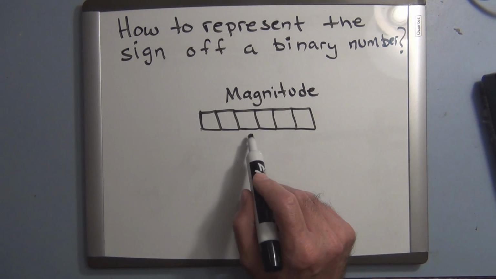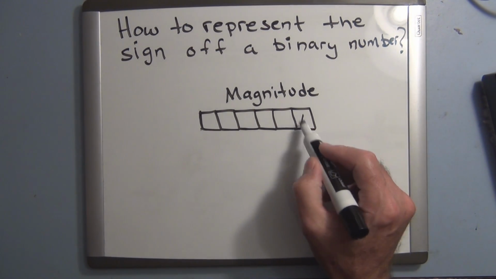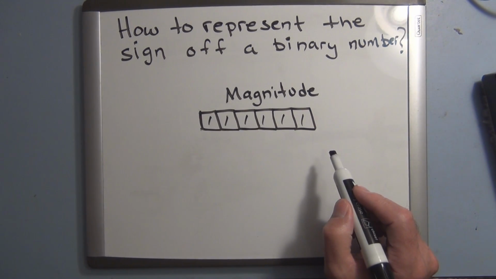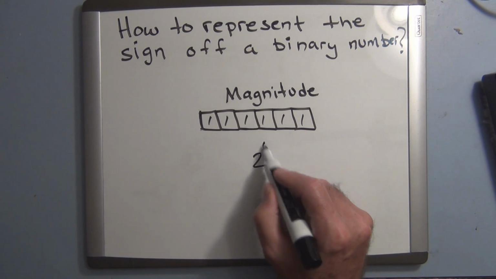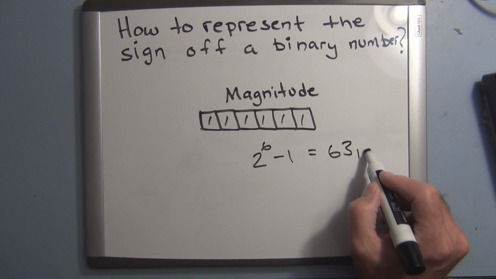So here we have the 6-bit storage register again, which allows us to store the largest magnitude number, or the binary number, is all ones, and that's equivalent to 2 to the 6 minus 1, which we determined was 63.